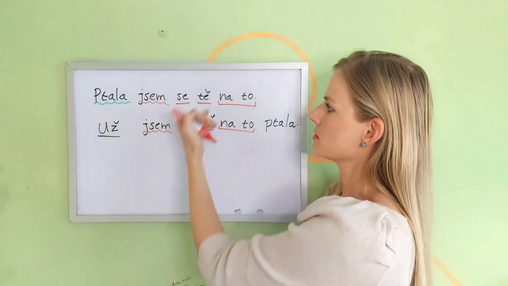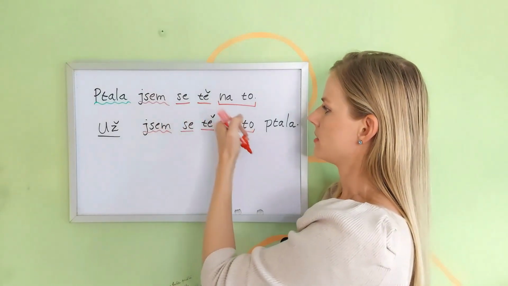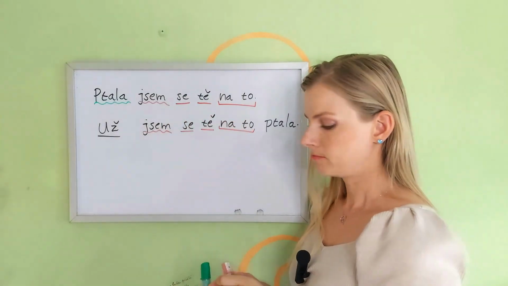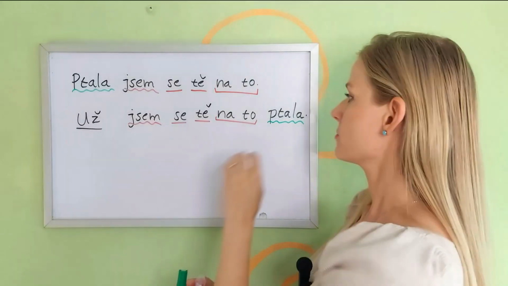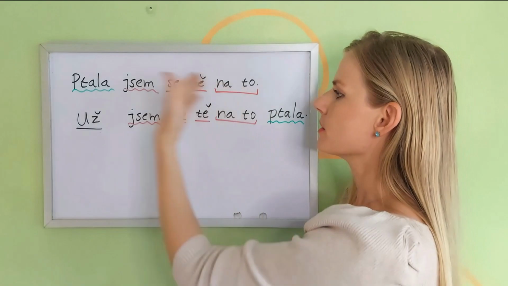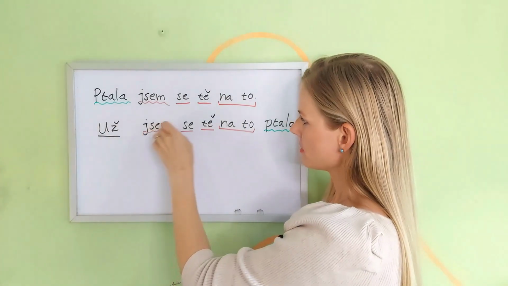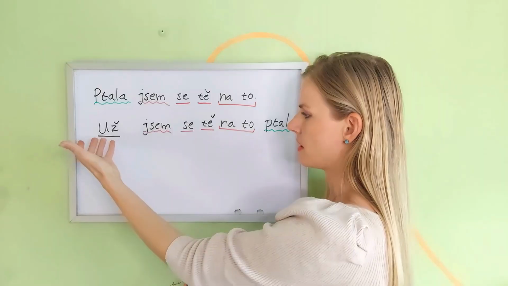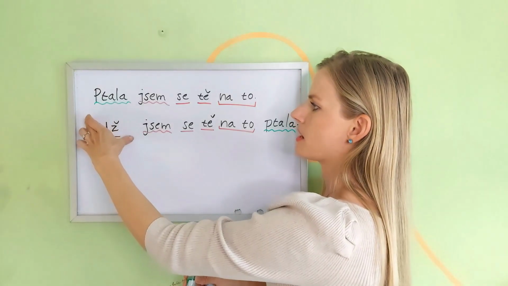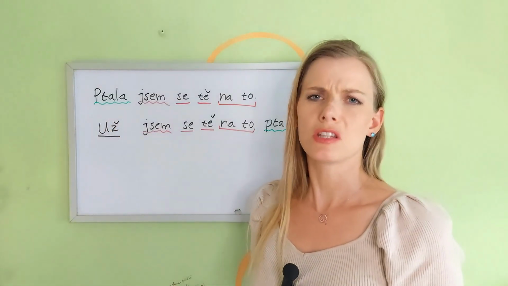Oh wait, it's exactly the same. Jsem se tě na to. Where is the verb? It comes last in this sentence. There's no other component, so the verb would be at the end, and it cannot be here because all these second position words have a priority, because there is a word that we decided to put in the first position.